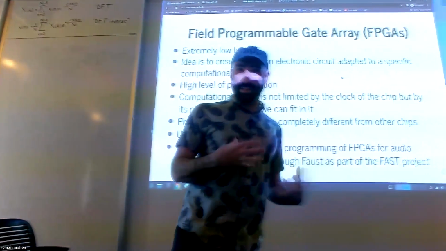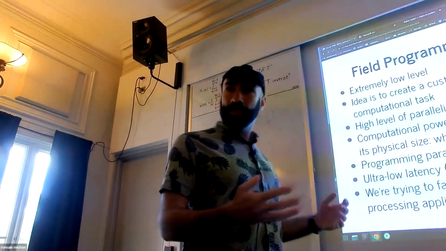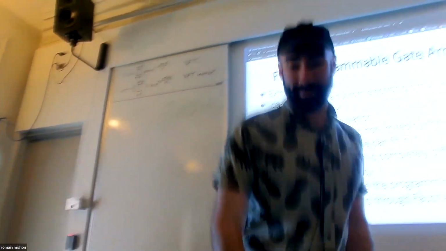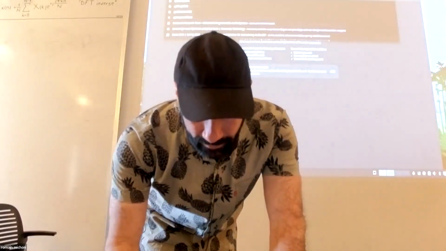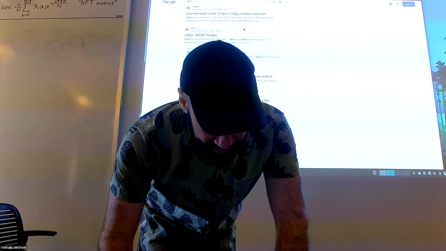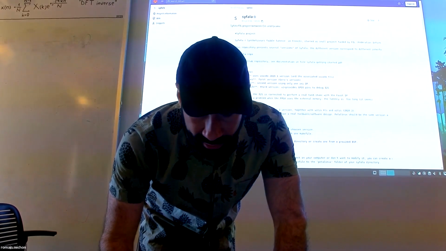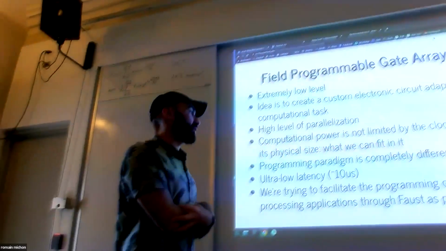But if this is something that interests you and you think you might have applications for it, it's open source, and the toolchain is called CFALA, with a Y. It's on GitHub, and CFALA basically allows you to program FPGAs with Faust.